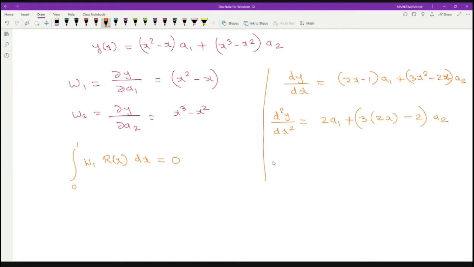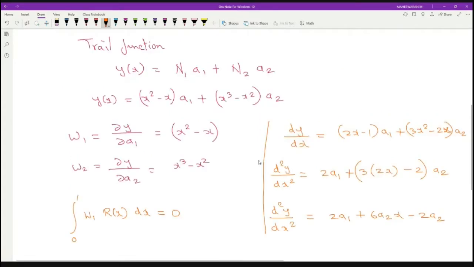Which means my d square y by dx square will be equal to 2a1 plus 6a2x minus 2a2.